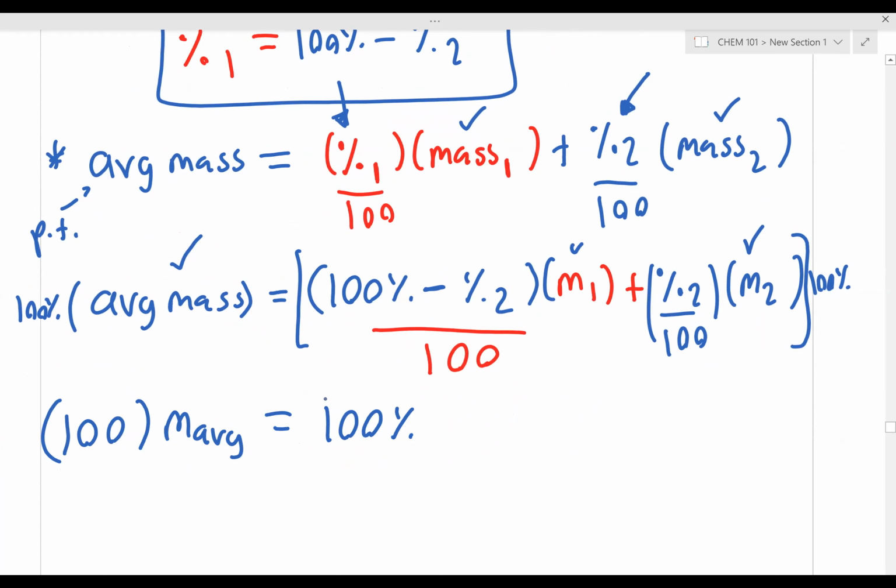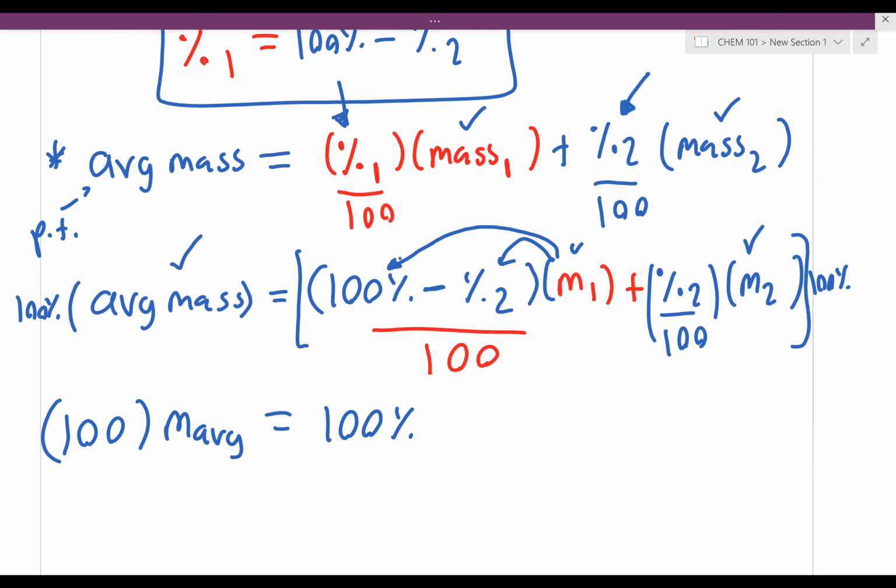And to make this expression a little bit easier to follow, I'm going to take this mass term and distribute it to these 2 terms in our parentheses. So we'd have 100% times what? M1, yeah, times the mass of isotope 1.